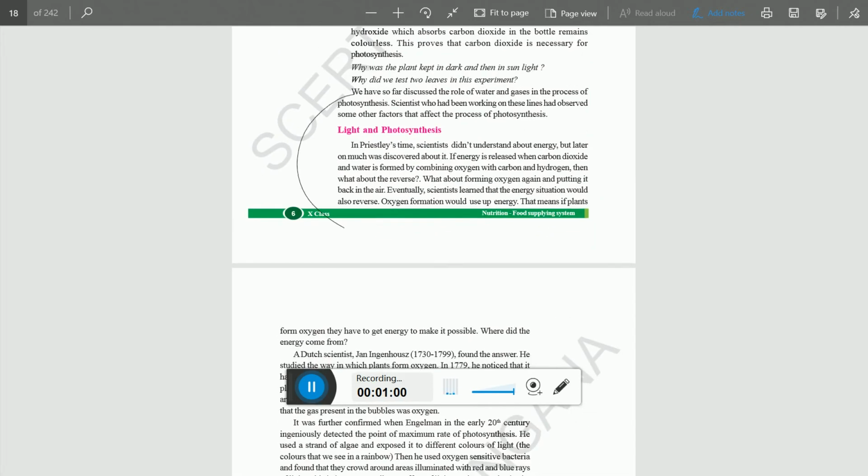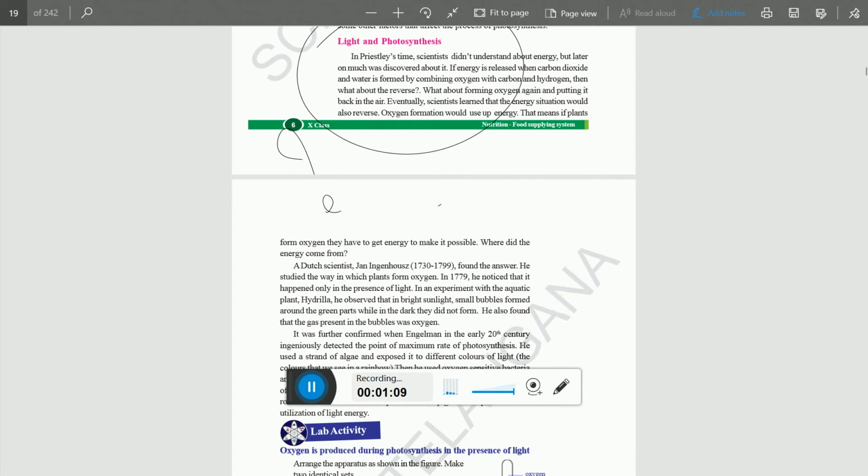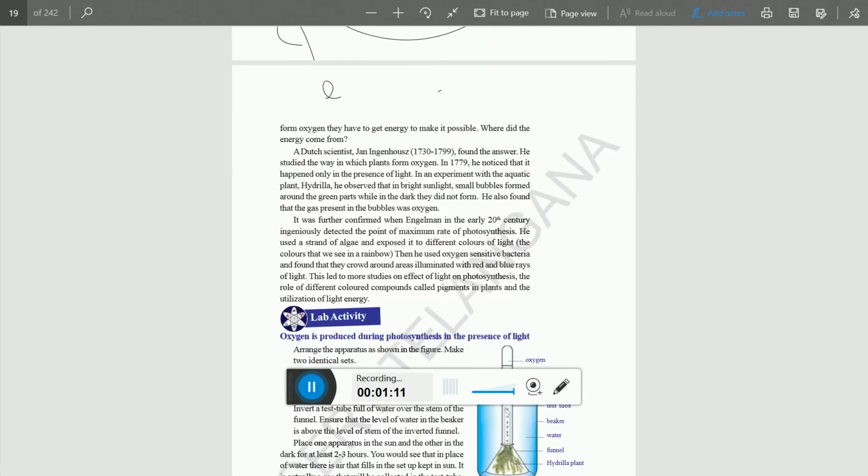And about light and photosynthesis, in this we need to discuss what is meant by light and how it is affecting photosynthesis. Light and photosynthesis is discussed as: when rays from the sunlight fall on a green color plant, then what will happen?